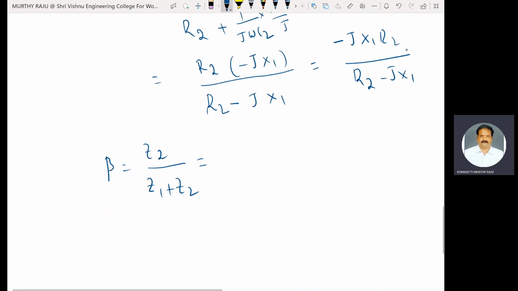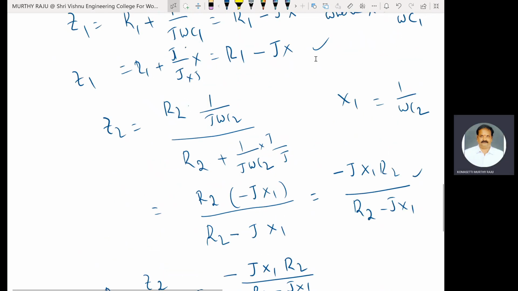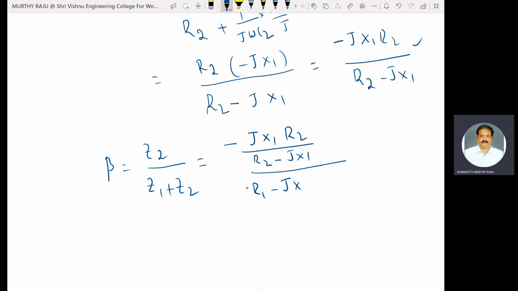Z2 is this expression, minus jX1 R2 by R2 minus jX1, and Z1 is R1 minus jX.